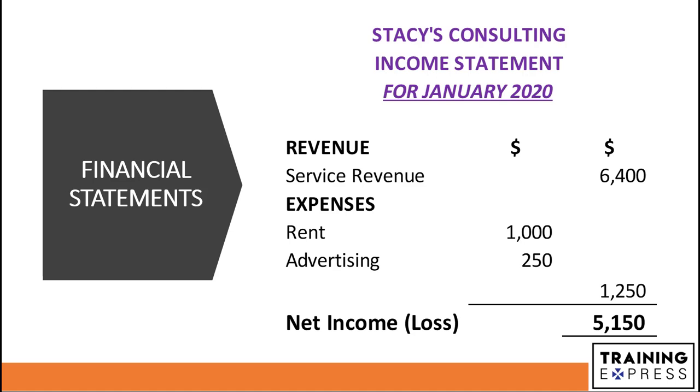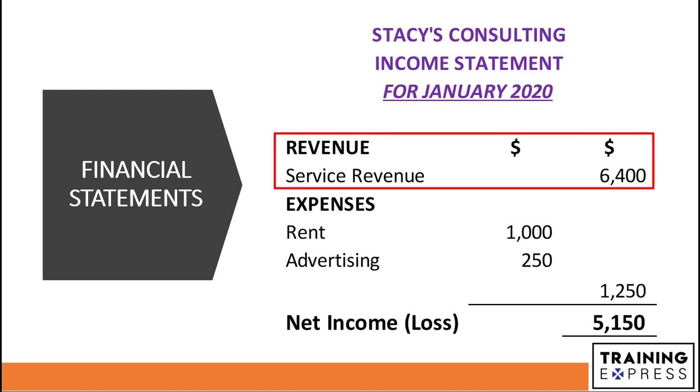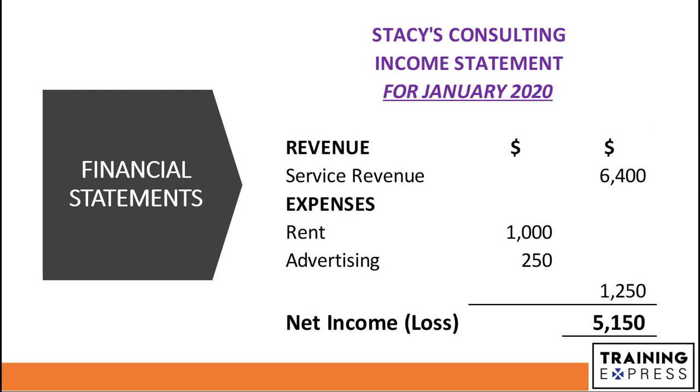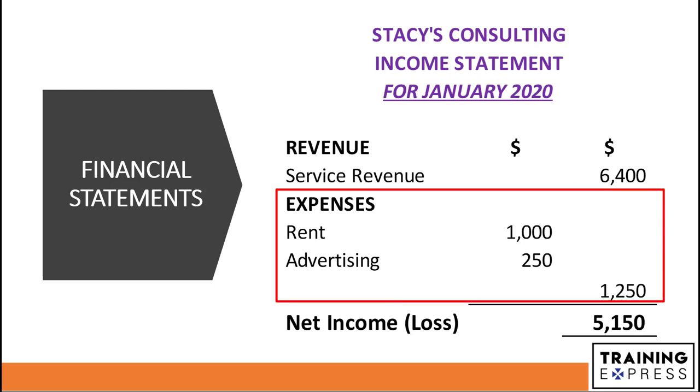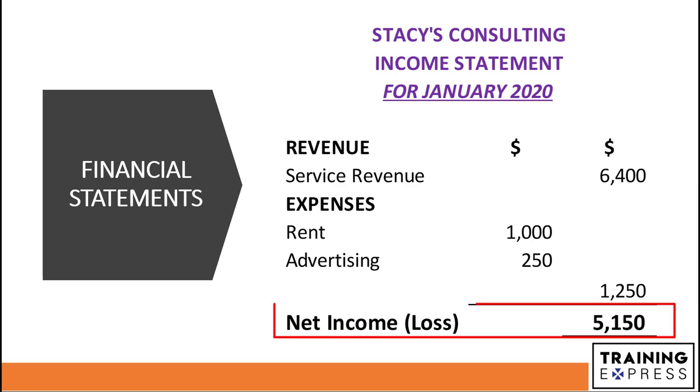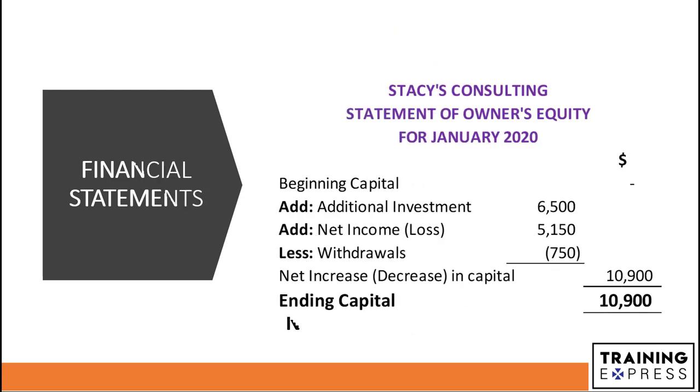So we will take the service revenue, and then from this service revenue we will subtract our expenses of rent and advertising, and we will be getting a net income of $5,150. As you can see, revenue is greater than the expenses, so the result is a profit or net income.